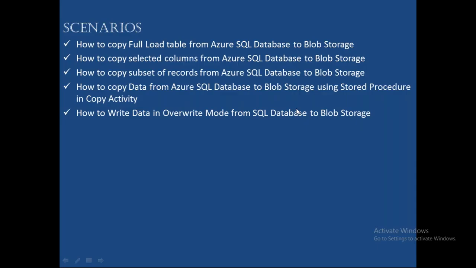So whatever data I have in that particular container, that entire data I need to delete before I load the new data. That is nothing but an override. That's why I'm going to use the delete activity first. Once my deletion is completed successfully, then only I will start copying data from SQL database to the blob store. That is nothing but an overwrite mode.